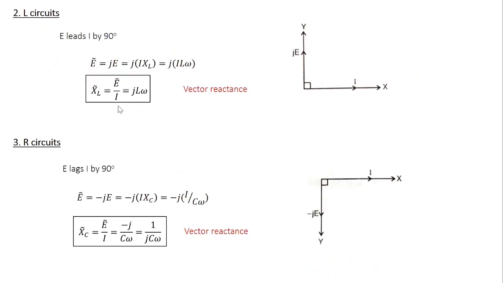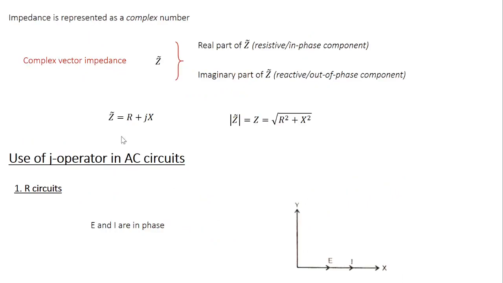Coming to the L circuit, where we know that the voltage leads current by 90 degrees. Now in the case of the L circuit, if you go back to the fundamental definition of impedance, I have only an inductive reactance here. The ohmic resistance is absent.